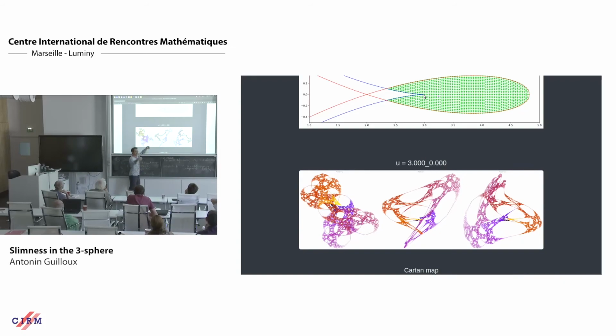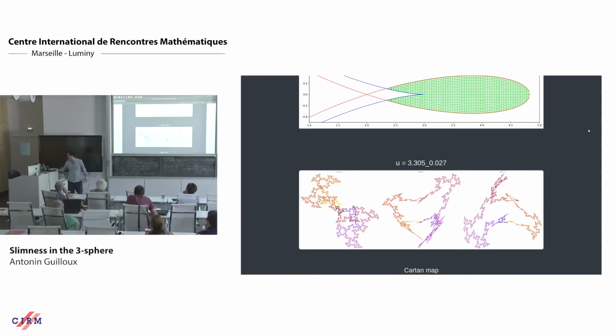Then you see that the limit set was a circle, circle, circle, and then at some point there is a pinching. So I could explain that with more time. If you are fascinated as much as me by this picture, come and we will discuss for several hours.